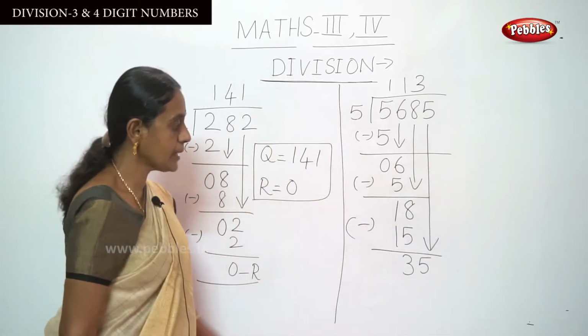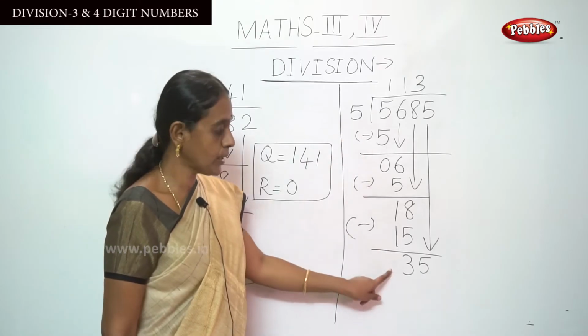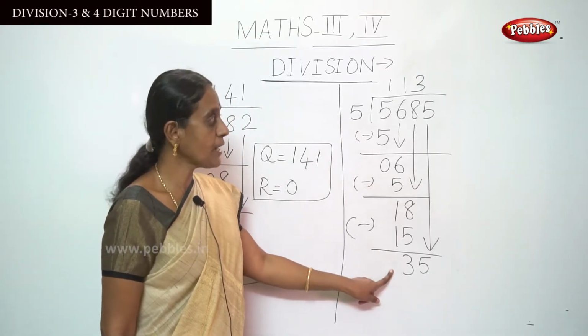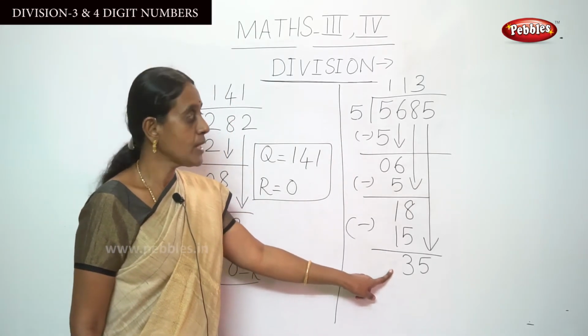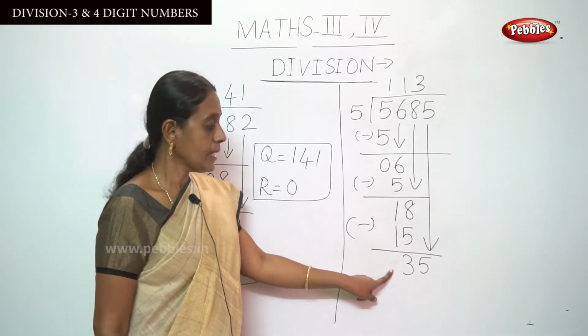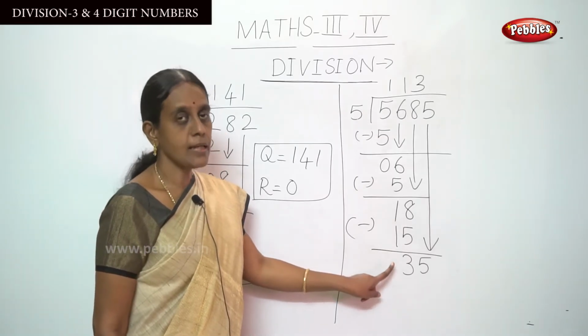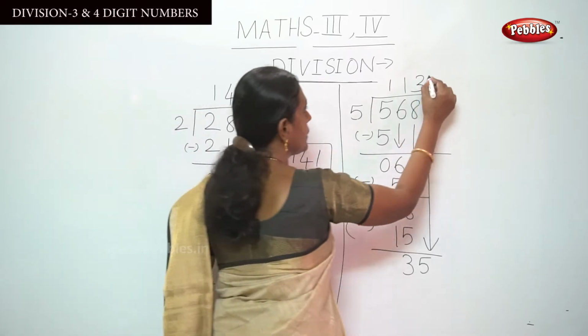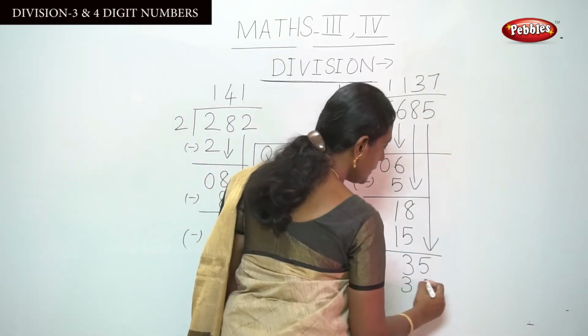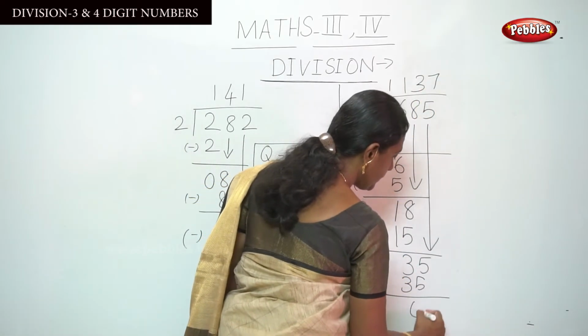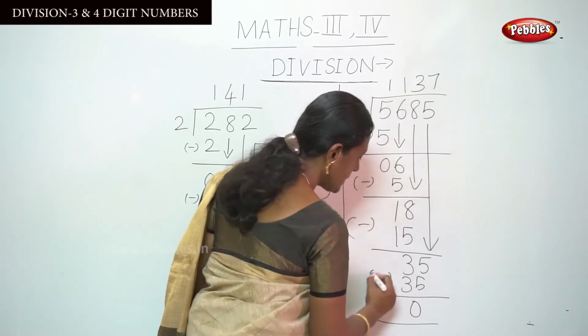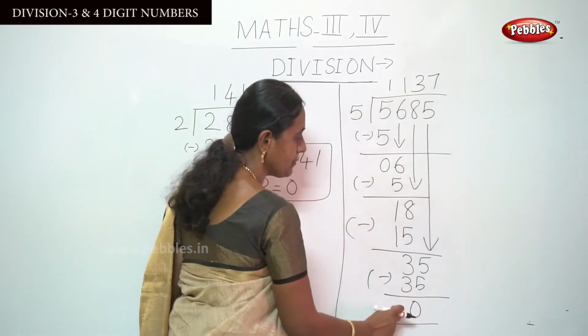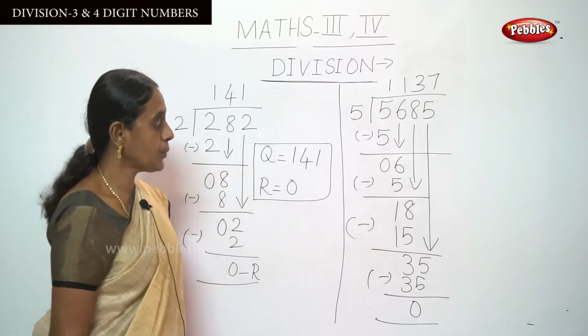Say the 5 table up to the number 35: 5 5s are 25, 6 5s are 30, and 7 5s are 35. Again subtract, 35 minus 35, the answer is 0.